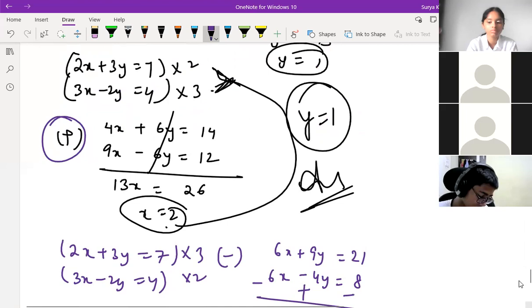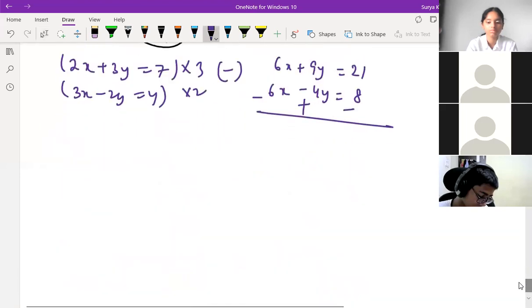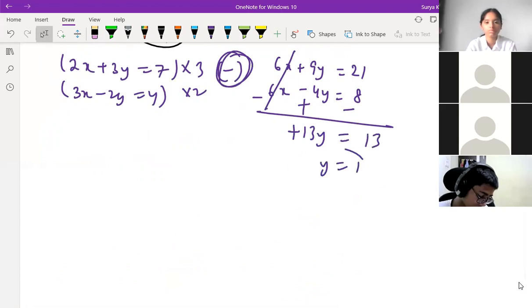But here both signs are the same. That's why you have to subtract. Understood? Then this will get cancelled. Then it becomes plus 13y is equal to 13. So y is equal to 1.